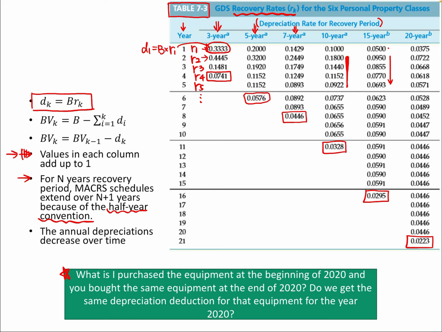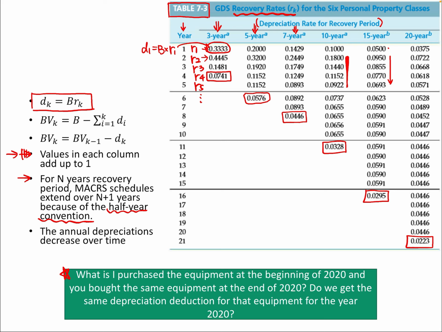That's also a little bit, like 5%. So that 5% depreciation deduction is to make up the loss in the first year depreciation deduction for somebody who actually bought the asset at the beginning of that year.